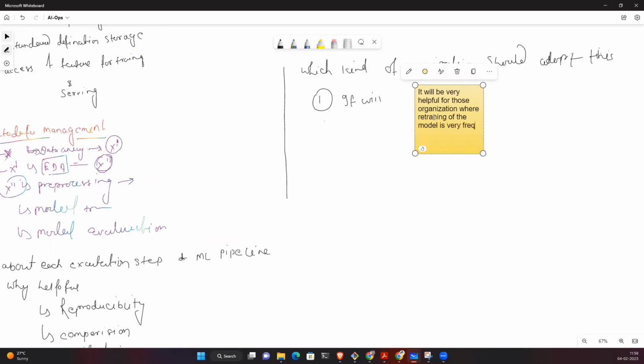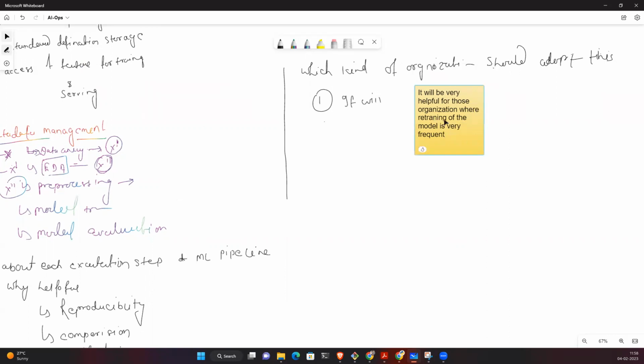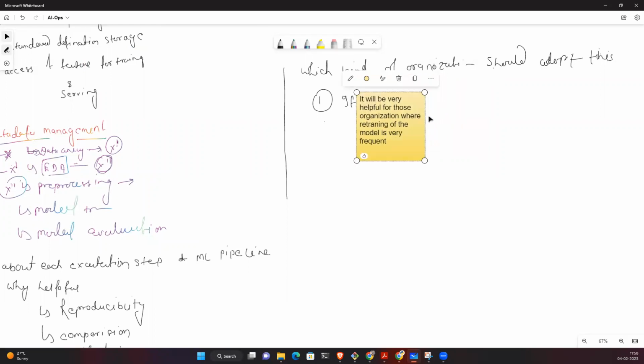Okay. So this kind of approach I always recommend for this kind of organization, not for others. Okay, that makes sense. Yeah, that's the first thing.